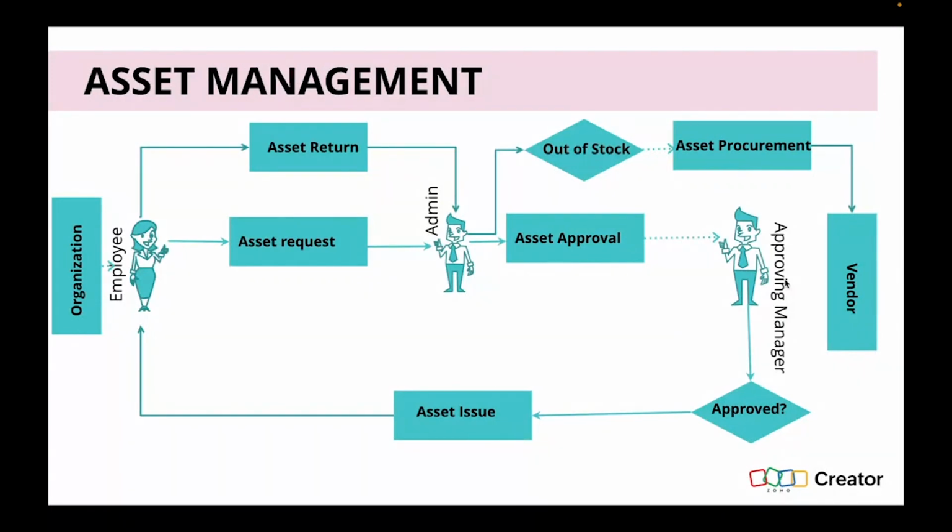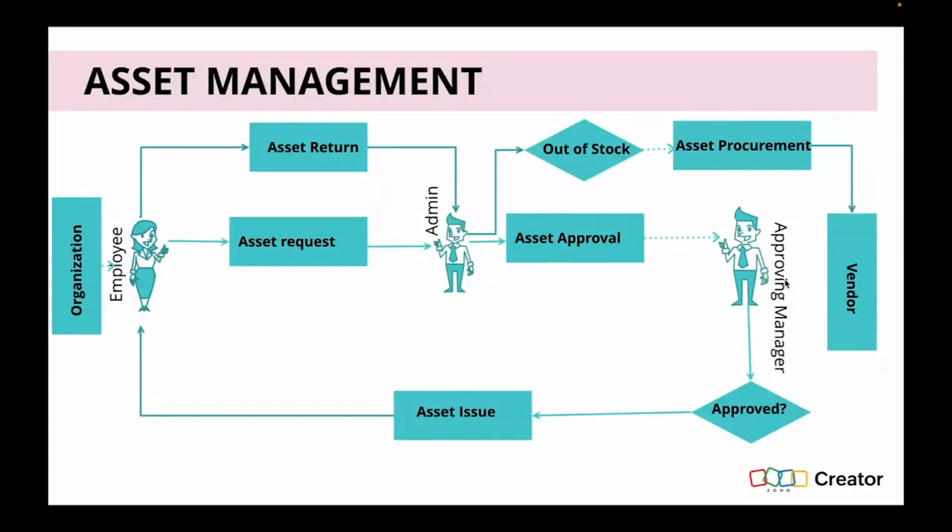Now, let's say that an employee is raising an asset request. Once the request is raised, the next step is it goes to the manager or any higher authority for an approval. Once the asset is approved, if it is not out of stock, then the asset is issued to the employee, right? And if it is out of stock, again, an asset procurement will be raised, and it will be sent to the vendor.